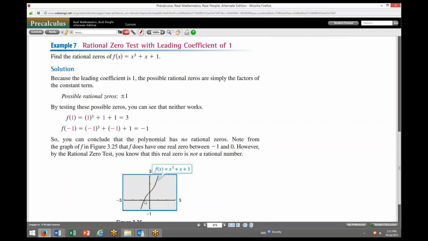And since there are no rational real zeros, and we now know where one irrational real zero is on the graph, that means the other 2 zeros can't even be real numbers, because the graph doesn't touch or cross the x-axis for the other zeros. So that tells us the remaining zeros are complex numbers. Now, that's interesting, because how can that be?